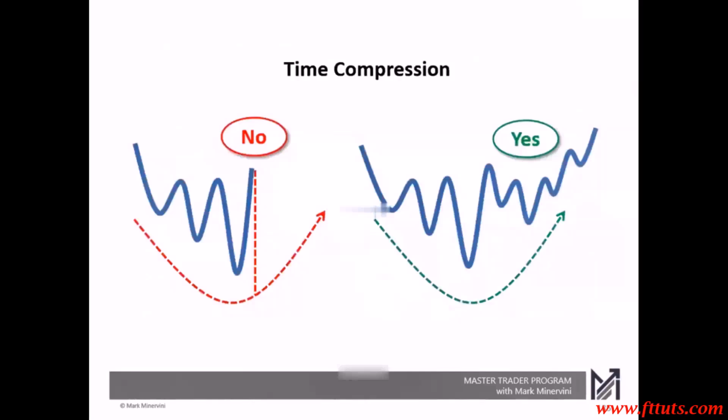Now, the thing you got to be careful of is that this doesn't happen too quickly up the right side, and you get what we call time compression. Time compression is simply where the stock chart hasn't been allowed enough time to go through the natural dynamics of supply and demand, of stock changing hands, or that towel squeezing.